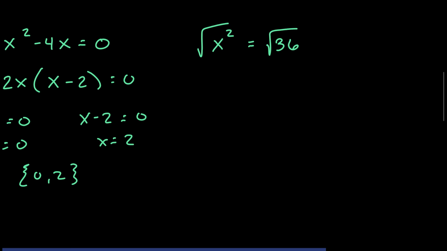So we have, what is the square root of x squared? What is the square root of 36? Is it just 6? Ah, plus or minus 6. So our two solutions are x equals 6 and x equals negative 6. So our solution set, negative 6 and 6.